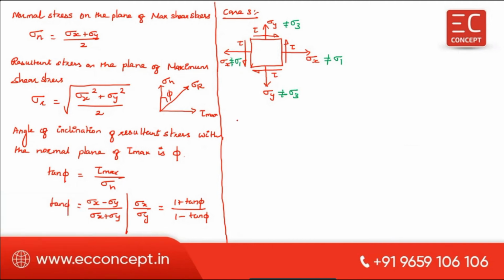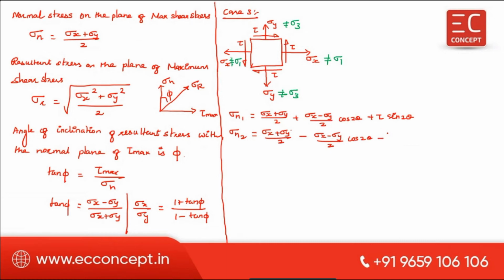Before that we can write normal stresses, sigma n1 and sigma n2. What is sigma n1? Sigma x plus sigma y divided by 2 plus sigma x minus sigma y divided by 2 cos 2 theta plus tau sin 2 theta. Sigma n2 is sigma x plus sigma y divided by 2 minus sigma x minus sigma y divided by 2 cos 2 theta minus tau sin 2 theta.